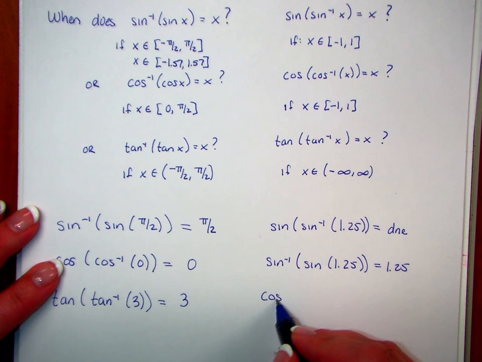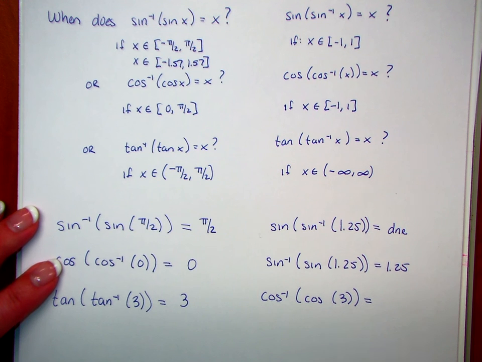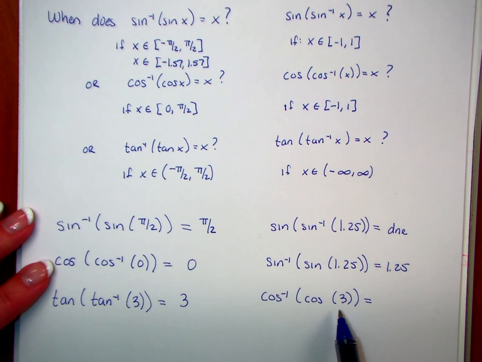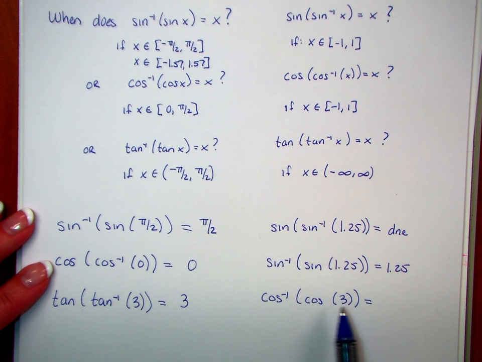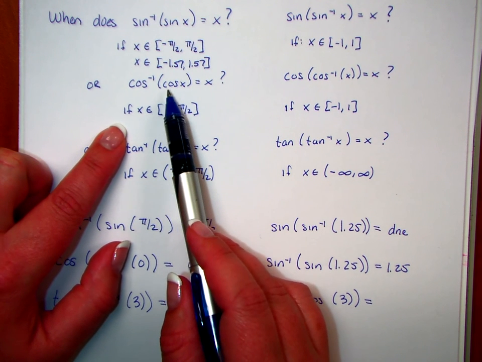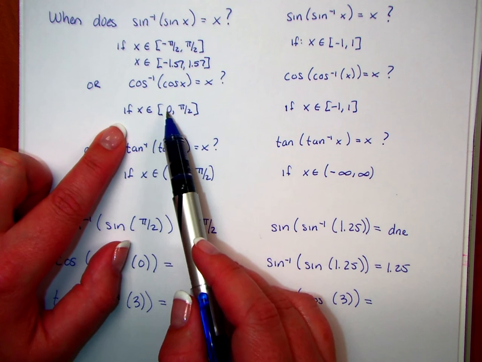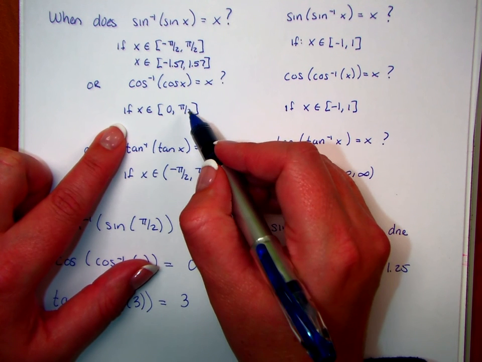What about cosine inverse of cosine of 3? Is 3 in the domain of cosine, or the restricted domain of cosine? The restricted domain of cosine is, why did I write pi/2? I am so sorry.